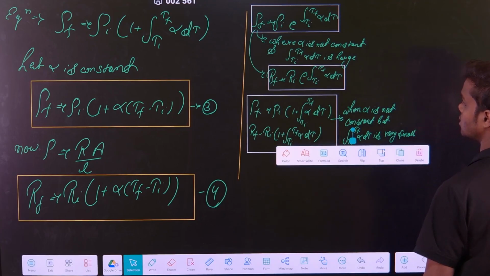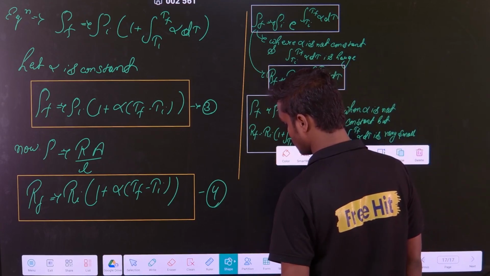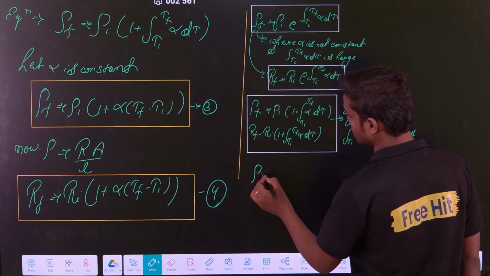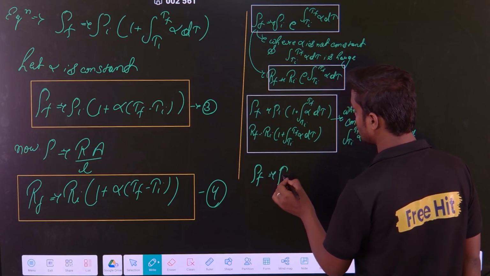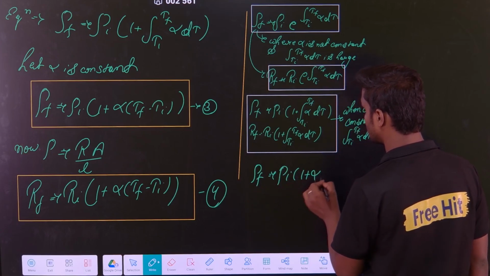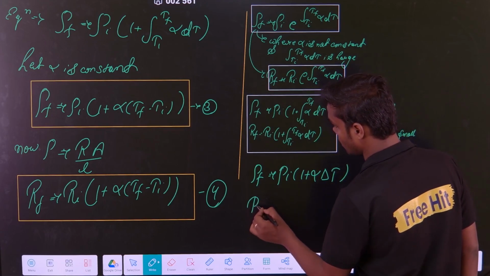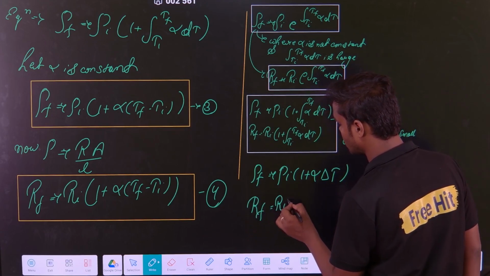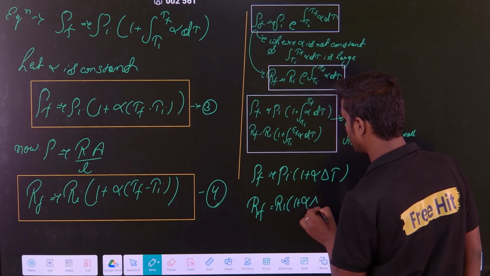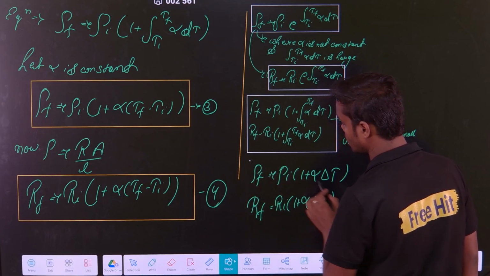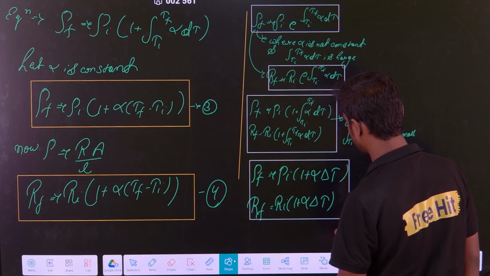Okay, that is this: rho f is equal to rho I times 1 plus alpha delta t, and Rf is equal to Ri times 1 plus alpha delta t. Correct? This is the final formula you have to remember.